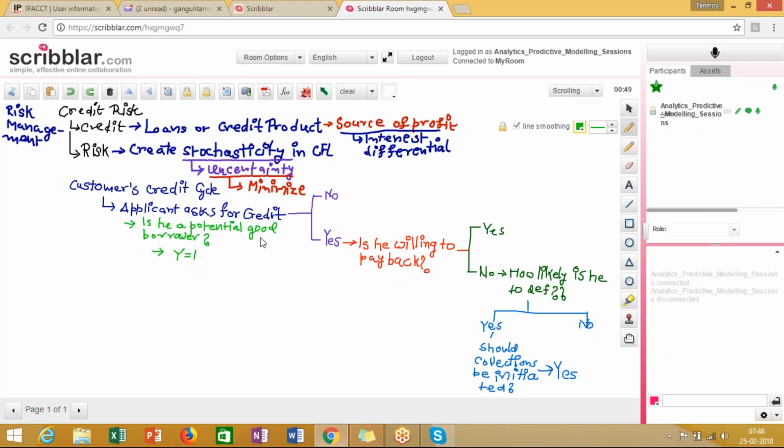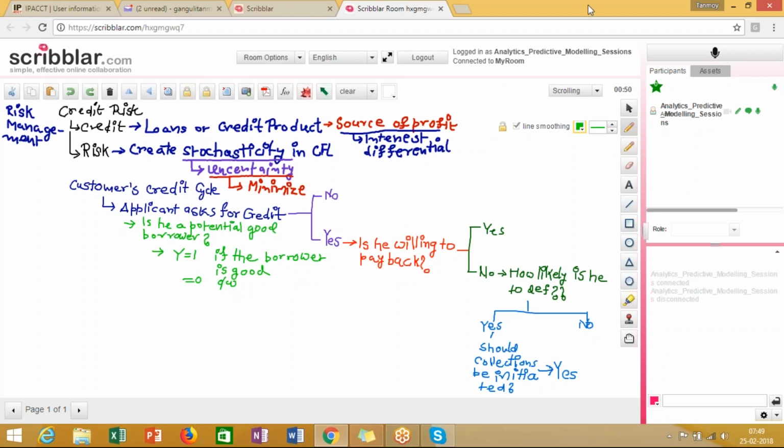So the problem the bank faces is the following: y equals 1 if the borrower is a good borrower, and y equals 0 otherwise.